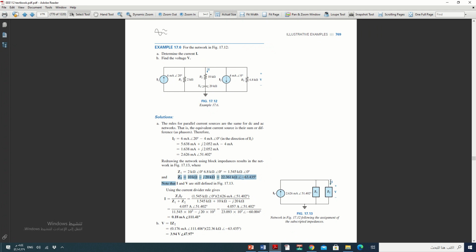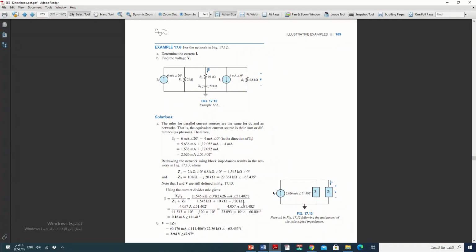If we find the current through Z2, this means I, which is the same as in the original circuit. How to find this? By the current divider rule, the easiest way to find I in this branch. We multiply I total by Z1 and divide by the summation. You will substitute and find I. The I going through Z2 is similar to I in the original circuit.